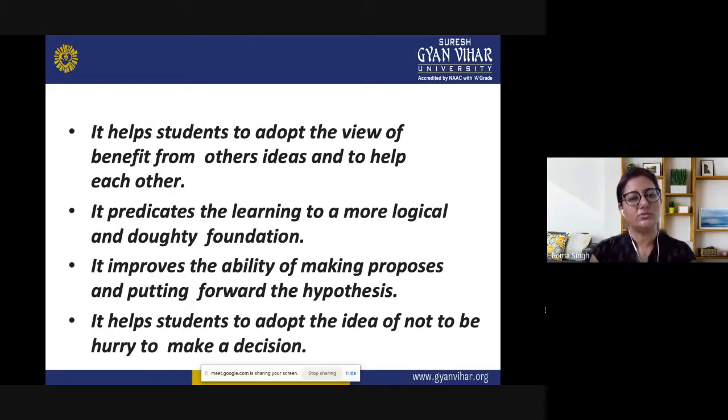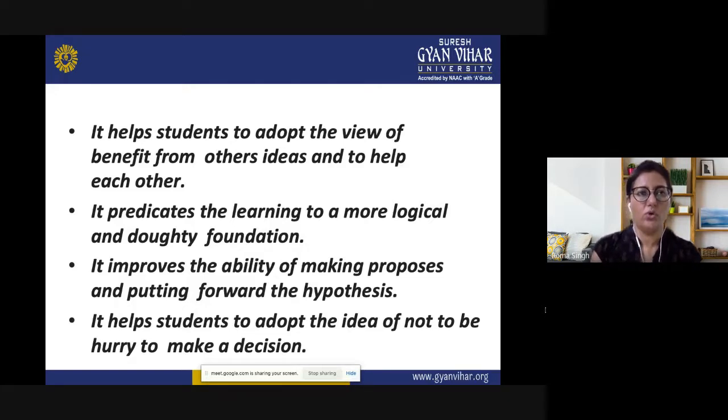It also helps students to adopt the view of benefiting from other ideas. And also, if it is a group activity, they should know how to help each other. It places the learning on a more logical and doubtless foundation. It improves the ability of making proposals and putting forward the hypothesis.